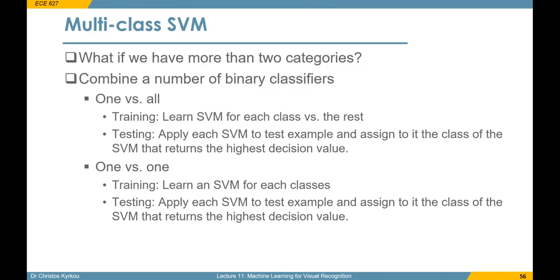The challenge in all these cases is that there are some areas where it may not be clear which of the classifiers performs better. So solving ambiguities when you have multiple classifiers is the main challenge.